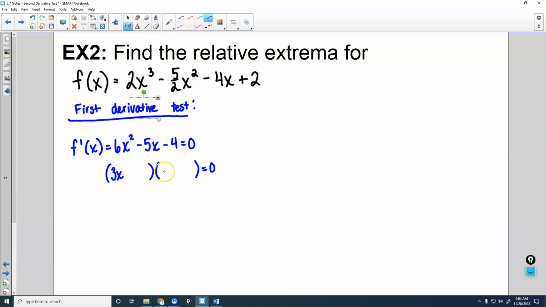Let's see if I have 3x and 2x. Could I do a minus 4 here and a plus 1?